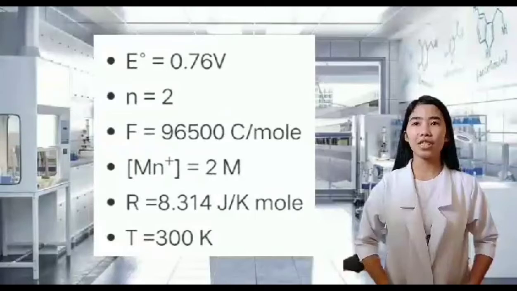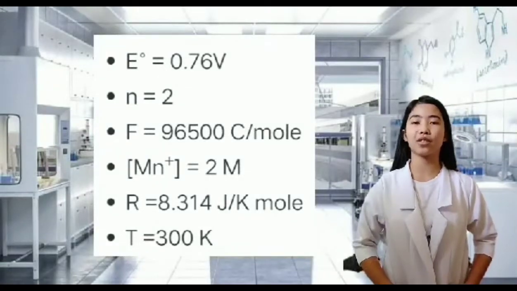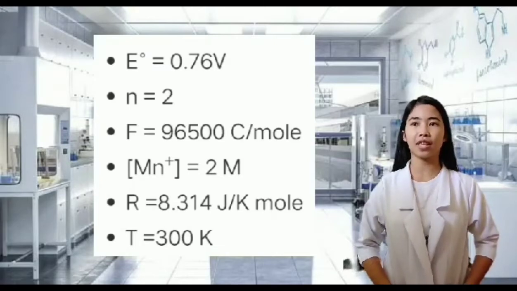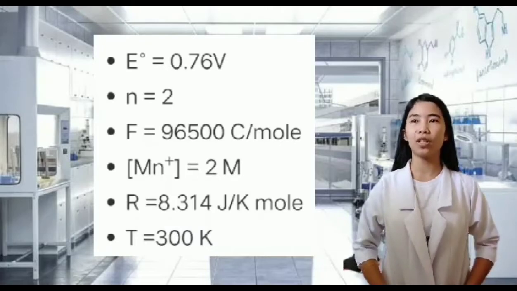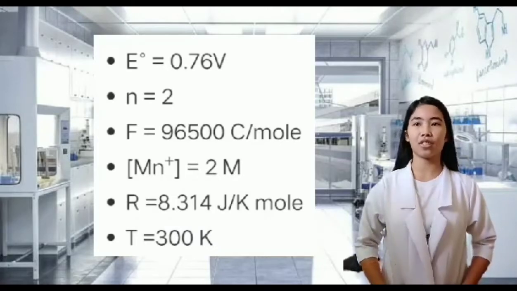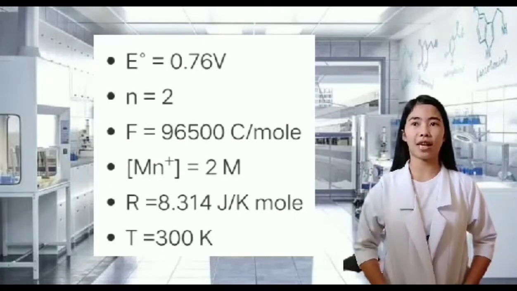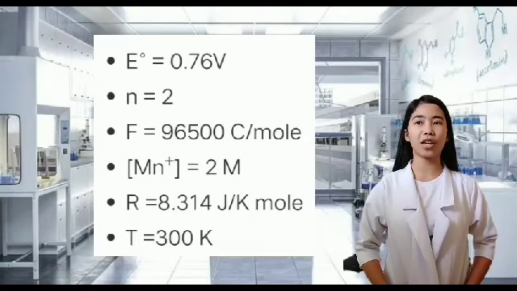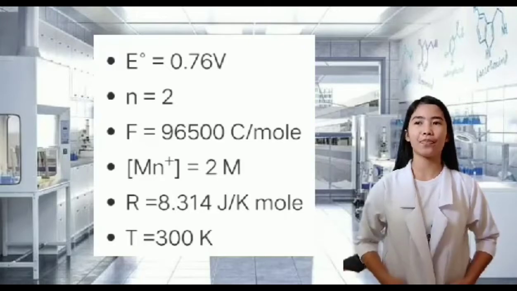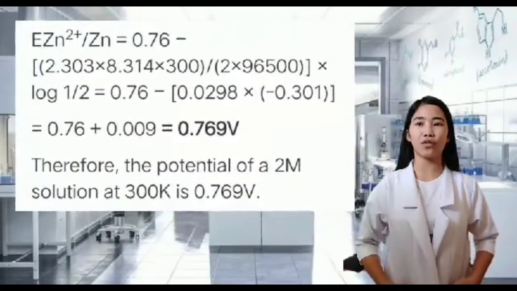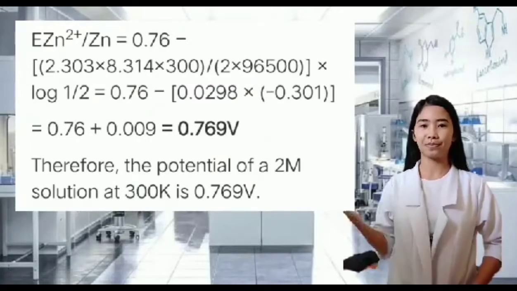So where E standard is equal to 0.76 volts, the n value is 2, the Faraday constant is 96,500 C per mole, and the Mn positive is 2M, and the R value is constant 8.314 J per K mole, and the temperature is 300 K. Substituting the given values in the Nernst equation, we get the following.